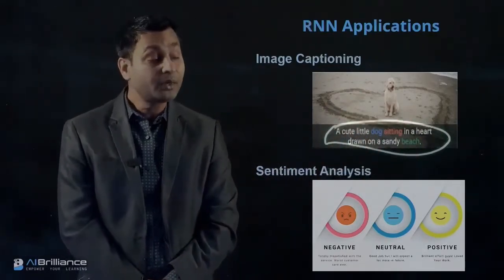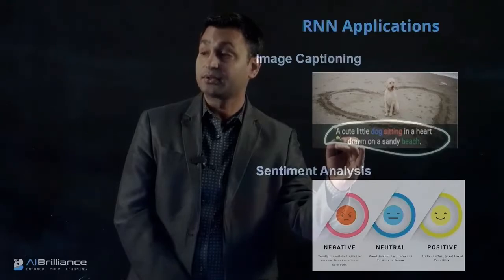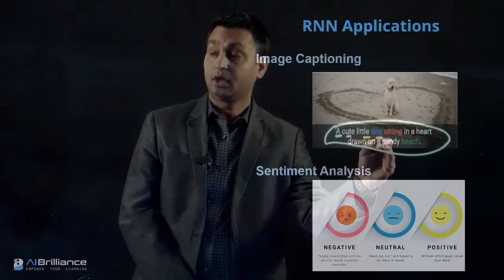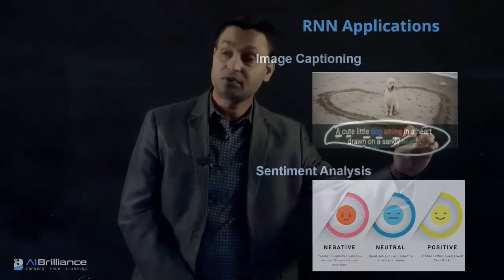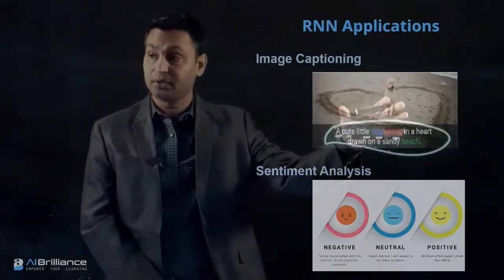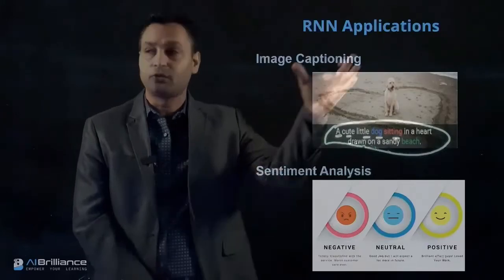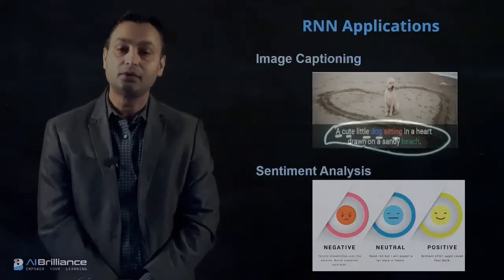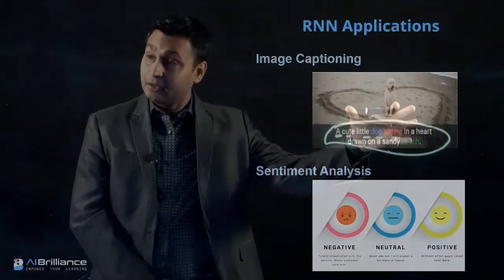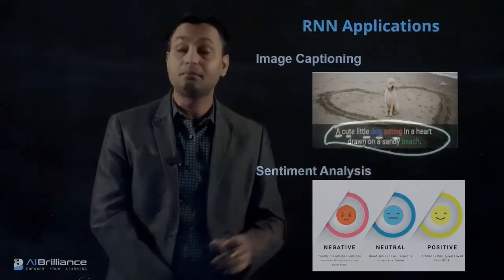But what I want you to notice is that the input is a single image, and the output is a sequence of words, for example, a cute little dog sitting. So this is a sequence of words that has been output by this neural network. Now if you give a very well-trained RNN a different image, it will give you a different caption, and that caption might not be of fixed length.